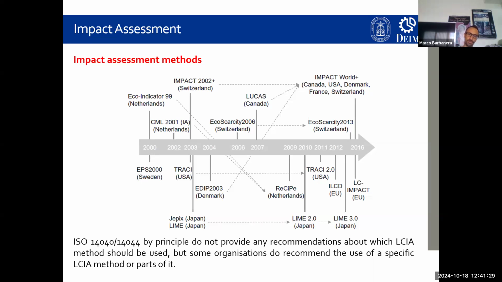So it's important to define at the beginning of the study which impact assessment method is better for our study, depending on the aim of the study.